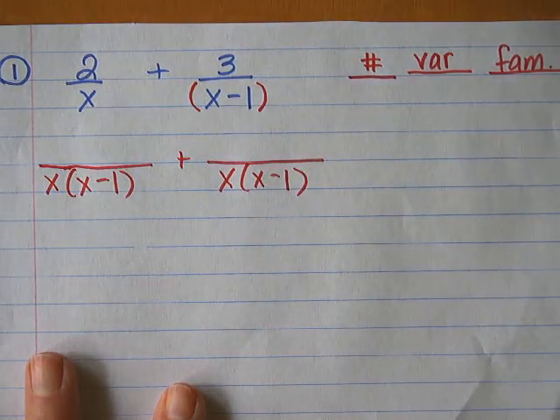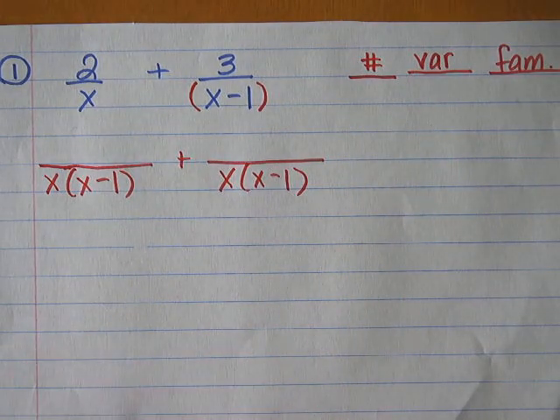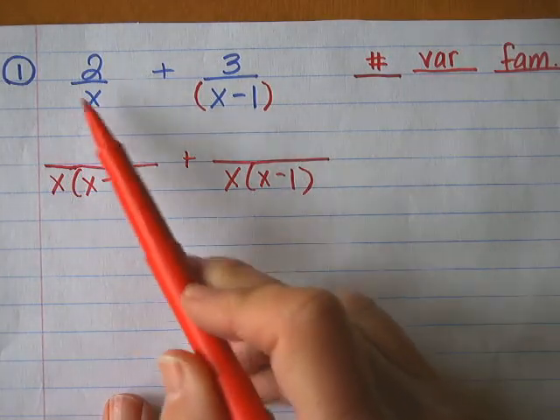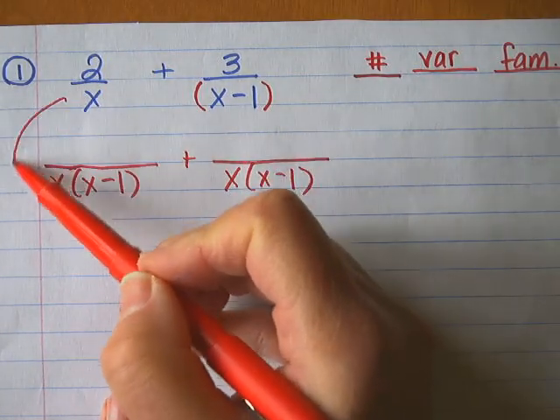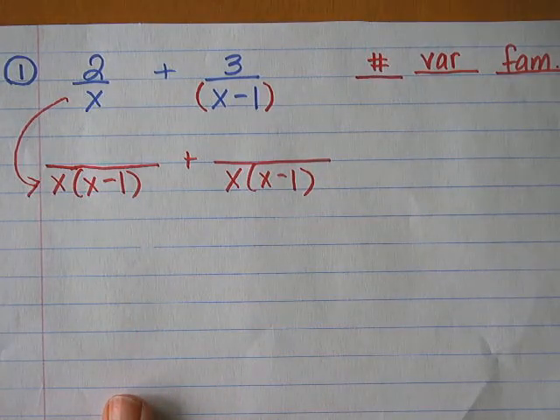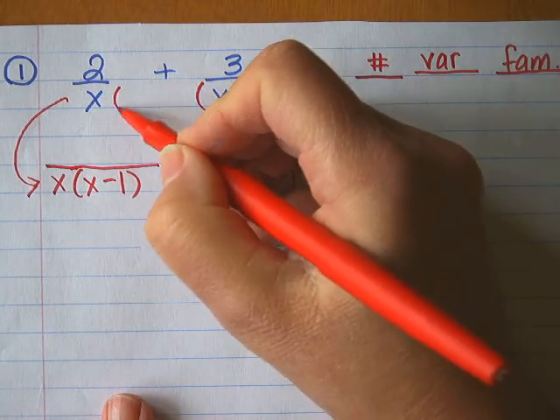I'm going to write more now than we eventually have to, but I want you to see that it connects to what we did before back in the day. If I look at this expression, I need to build it up to that denominator. What is it missing? It's missing an x minus 1.